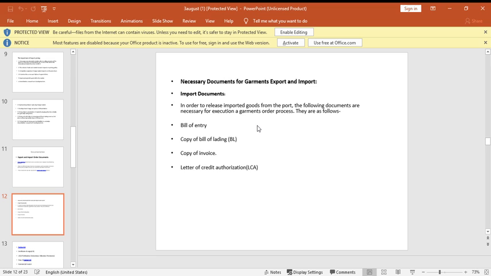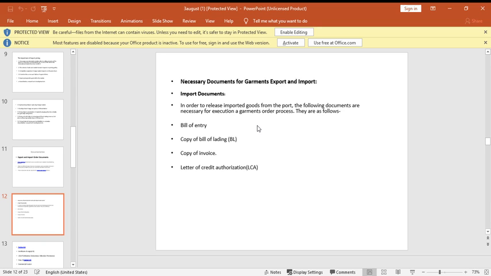Now we are going to learn what are the necessary documents required for garment export and import. So first one is import documents. In order to release imported goods from the port, the following documents are necessary for execution of the garments order process.